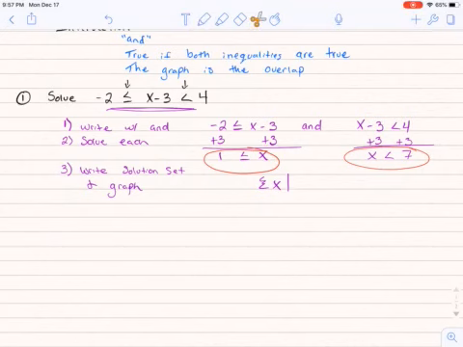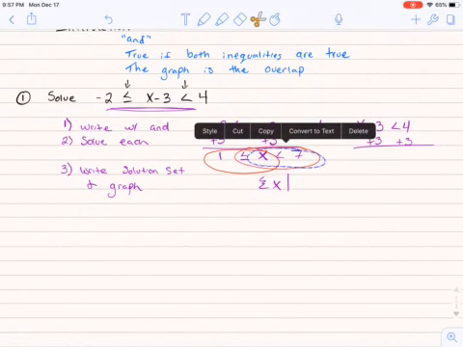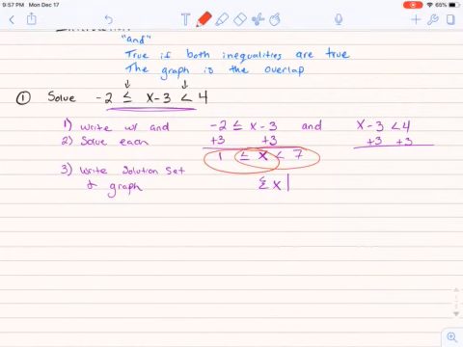You can see those x's actually line up, right? So the set of all numbers x such that 1 is less than or equal to x, which is less than 7. That is my set builder notation. I've taken my two inequalities and put them together.